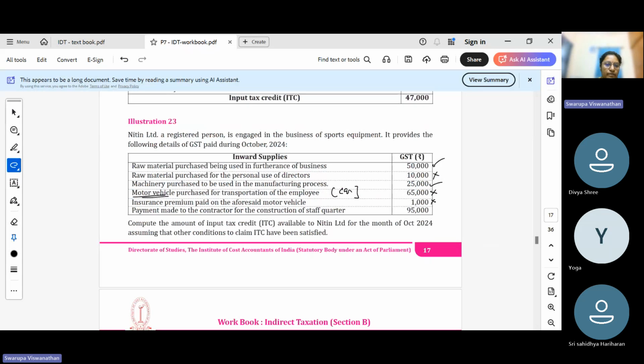So we cannot take. Payment made to the contractor for construction of staff quarters. Staff quarters, construction of land, building, pipeline and telecommunication towers, credit is blocked. Okay. So credit is blocked in this case also. So this is how you will get questions. You should know what are the conditions to avail ITC, what are the conditions with respect to block credit.